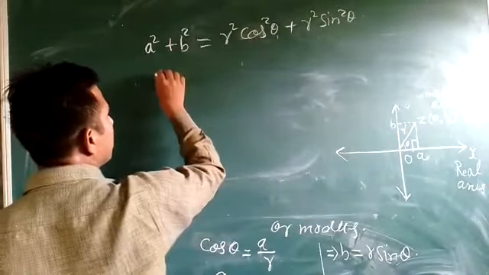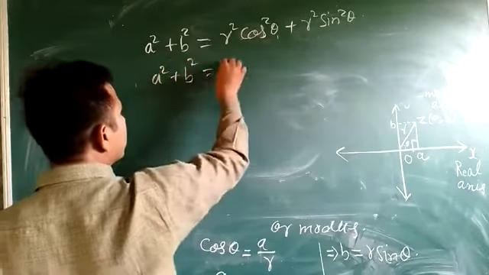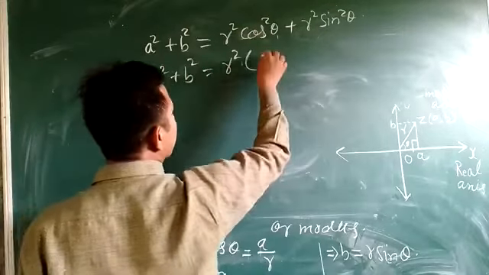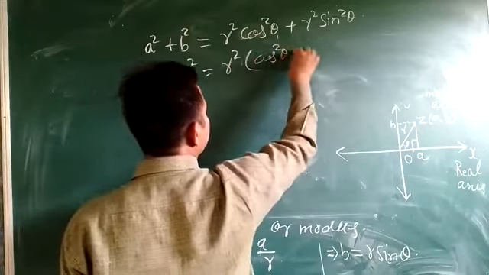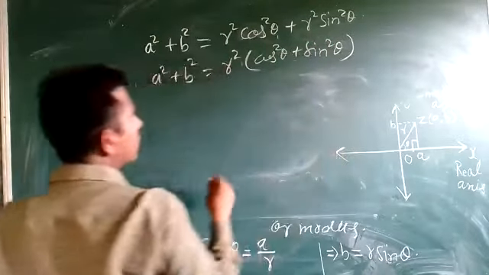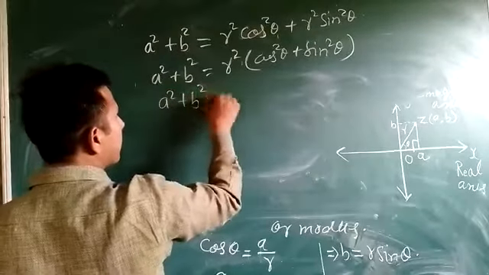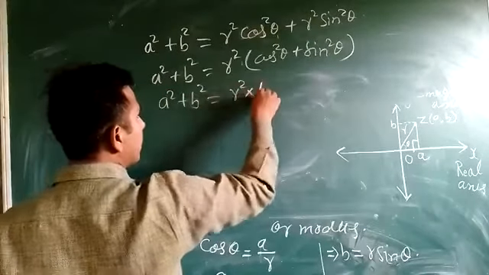So a square plus b square equals r square into cos square theta plus sin square theta, which is equal to 1. So a square plus b square equal to r square into 1.